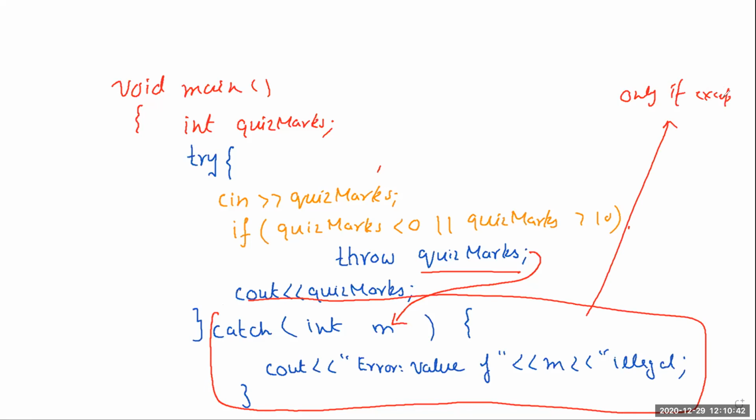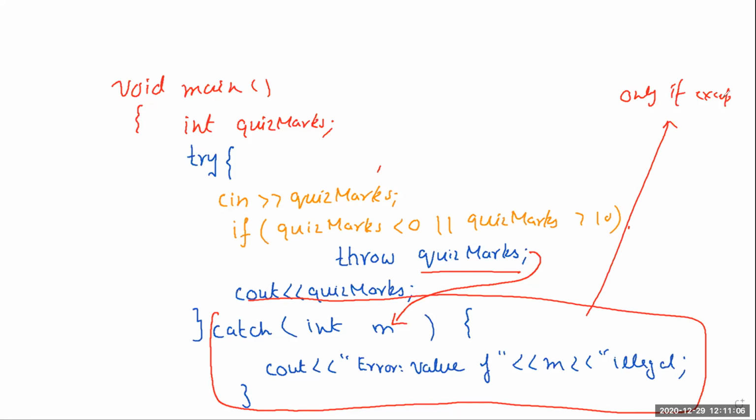So the catch block will only execute when there is an error. And how will it execute? Whenever your program goes to the keyword throw, from throw it will directly go to the catch block, because throw is the keyword which tells that an error has occurred.